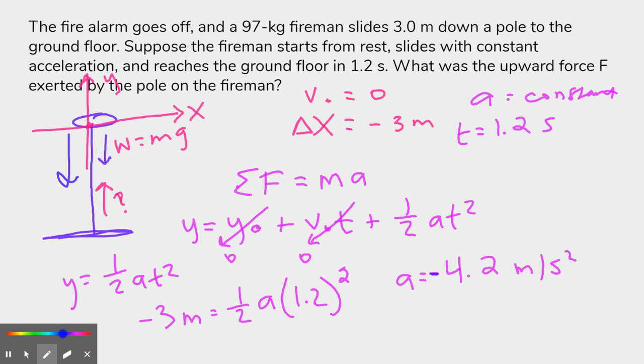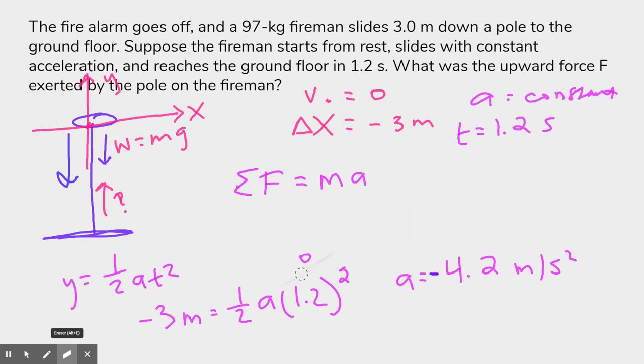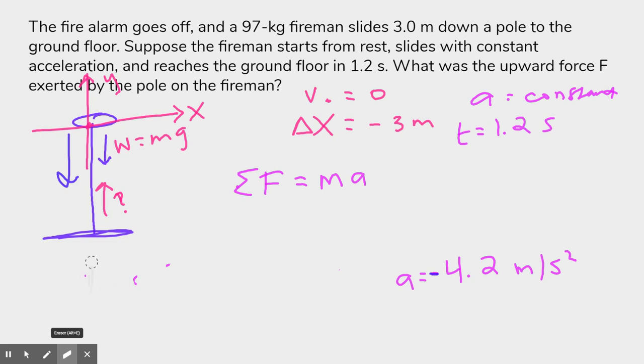Okay, now that we have acceleration, we can continue. And I'm going to erase more to make room for the next part. But I'm going to keep acceleration there because we'll need it in a minute. We mentioned earlier that the sum of my forces, the things giving the total force, is going to be all of our forces happening in the y direction.